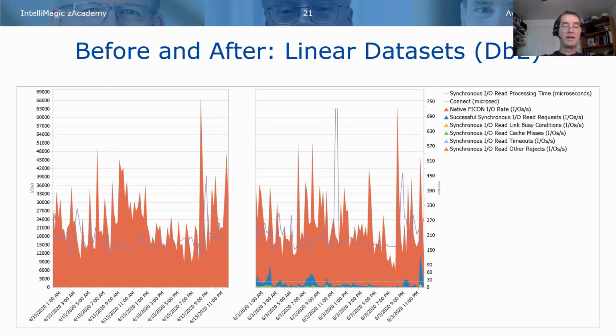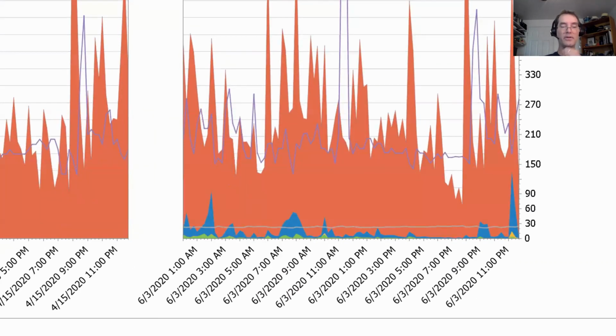So you can see again, the red is all that traditional I/O, and it's all on the left. Of course, there was no hyperlink in that. On the right, now I start to see this blue, successful synchronous I/O read requests. And if you look closely, let me just see if I can use this little zoom feature. Well, isn't that cool?